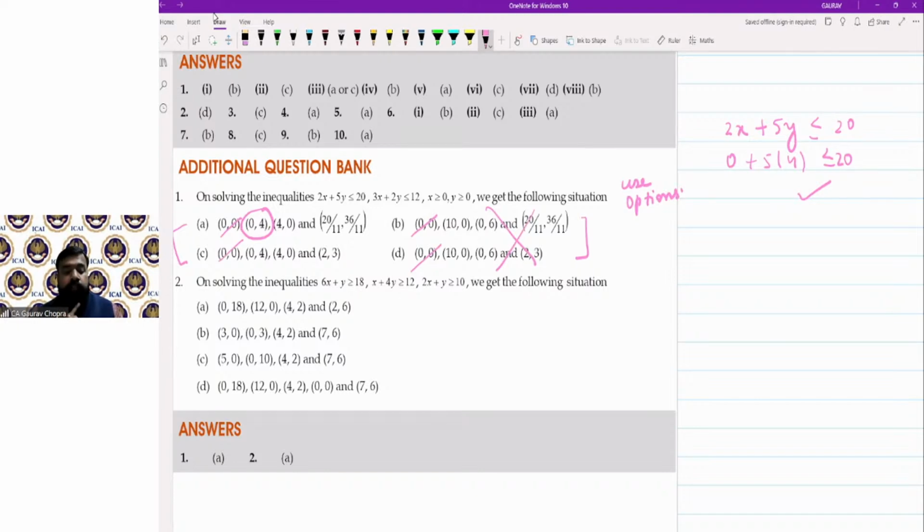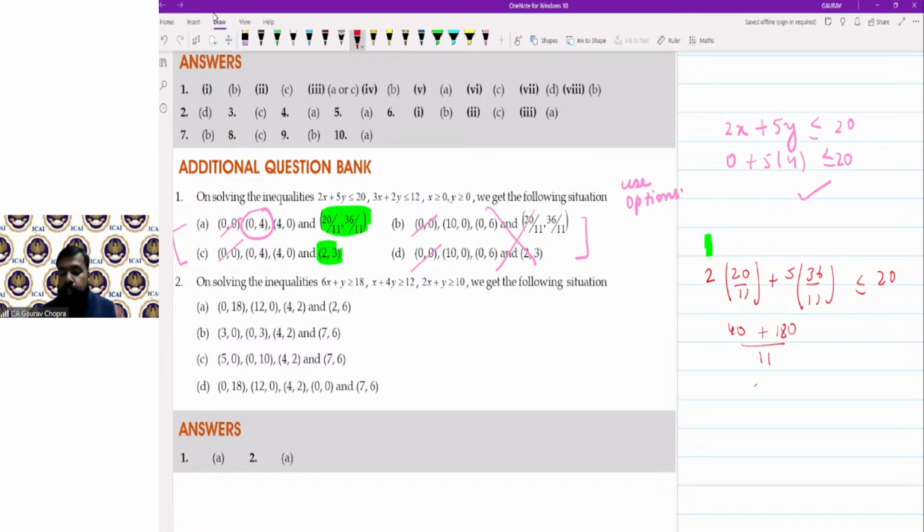Now what is the difference between C and A? A is having this value different, 20 by 11, 36 by 11, whereas in C it is 2,3. So we can check 2 into 20 by 11 plus 5 into 36 by 11, and this should be less than or equal to 20. So we are having 40 by 11 plus 180 by 11.